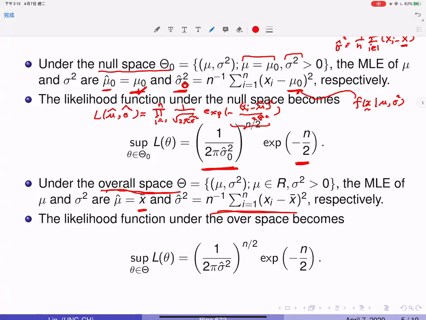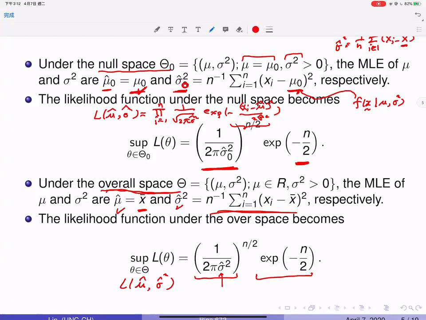Okay? Then again, you plug back in mu hat and then sigma hat, using these two guys. Then you'll find your exponential term is going to cancel a bunch as well, with minus n divided by 2 remaining. And then this guy, you plug in theta hat squared.